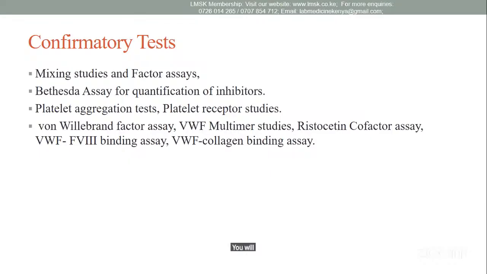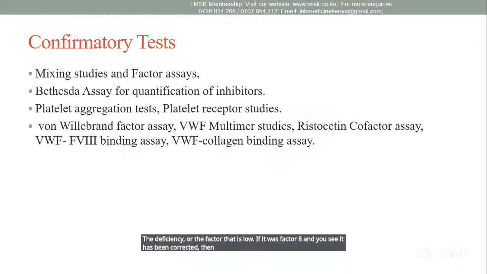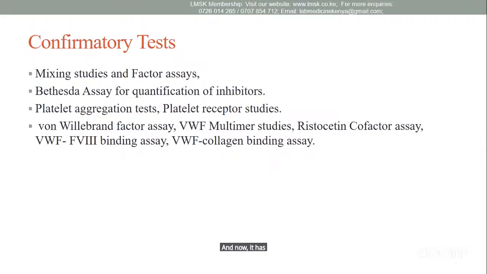You will get the plasma that has factor 8, and be very keen here. You add that factor to the patient's blood and see whether it has corrected the deficiency. If it was factor 8 and you see it has been corrected, then you will know that this client was suffering from hemophilia A, because I added factor 8 and now it has corrected the problem.